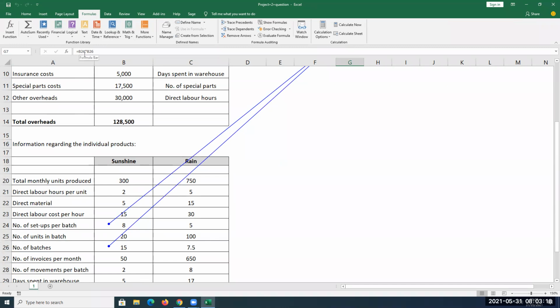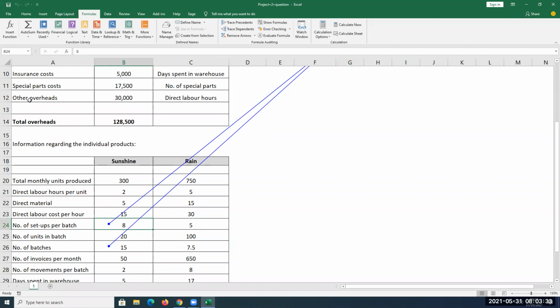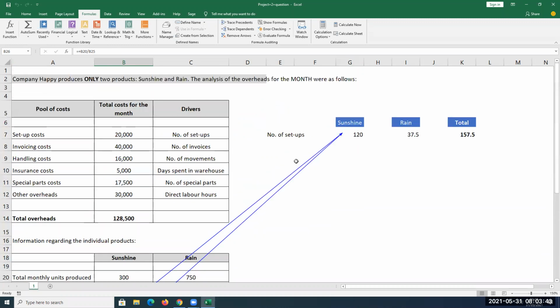It is written B12 multiplied by B26. It means 8 multiplied by 15. B is the column and the number is the row. If you leave it as it is, these arrows will be removed automatically. But if you want to remove them earlier, you just need to click here, Remove Arrows. Arrows will be removed.